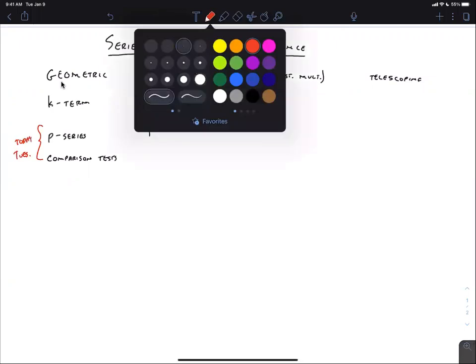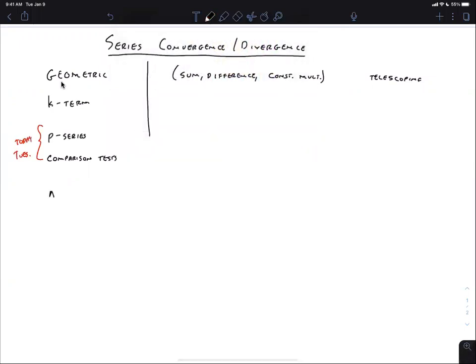Then we're going to go into what's called absolute convergence and the alternating series test.